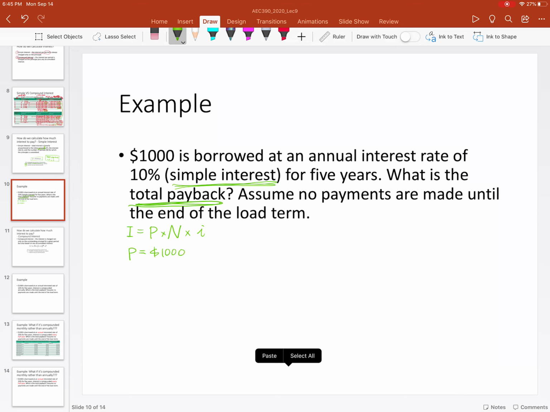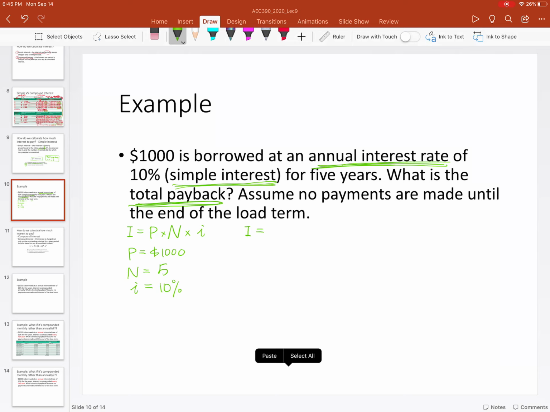Is 1,000. That's the initial amount you borrowed. And N, we know because it's 5 years and it's an annual interest rate, which means it's calculated every year. So the N is 5, right? And the interest rate is 10%. That's all you know.